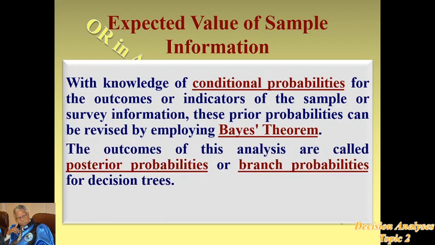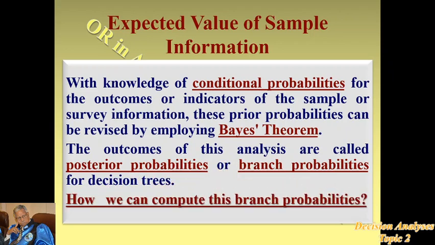The outcomes of this analysis are called posterior probabilities, or branch probabilities for decision trees. How can we compute these branch probabilities?